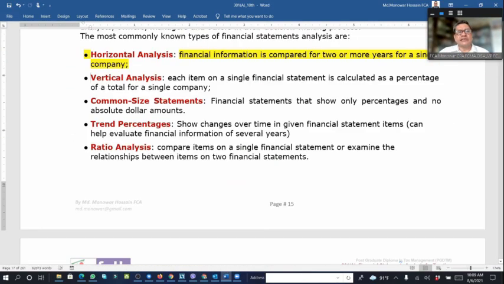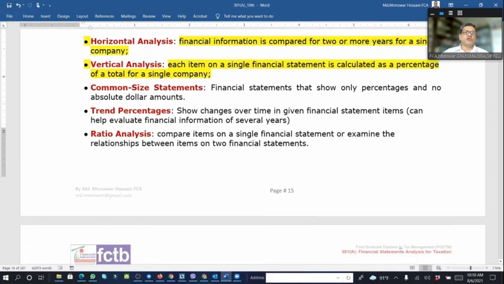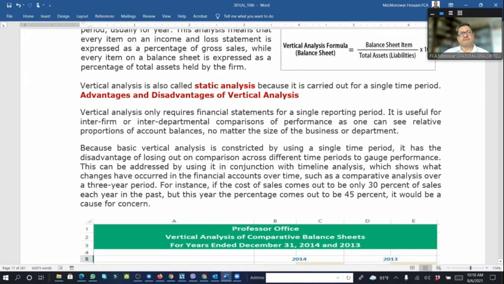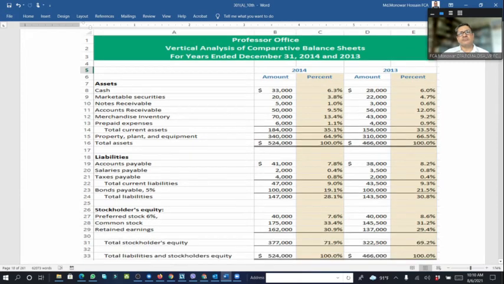And if we see the vertical analysis, vertical analysis says that each item of a single financial statement is calculated as a percentage of total for a single company. Look here. If total asset is 100%, what is the percentage of cash?